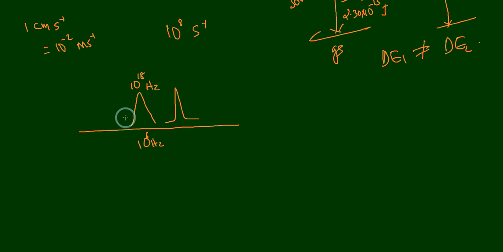And if you are moving the source in the reverse direction, that means next time you can take a velocity of minus 1 centimeter per second. Minus 1 centimeter per second means you are moving the source in the reverse direction. Then the Doppler shift will take the frequency to the other side, so it will fall somewhere here.